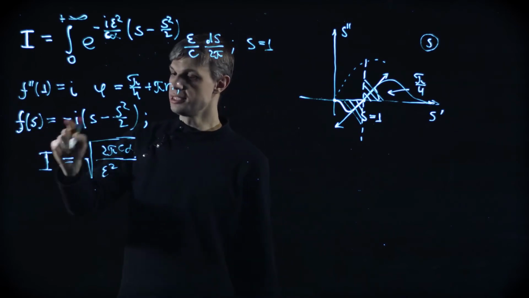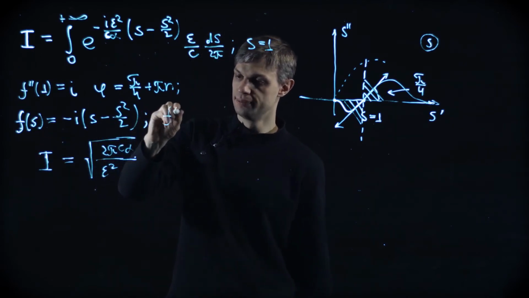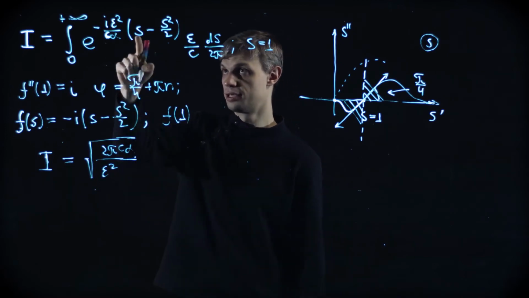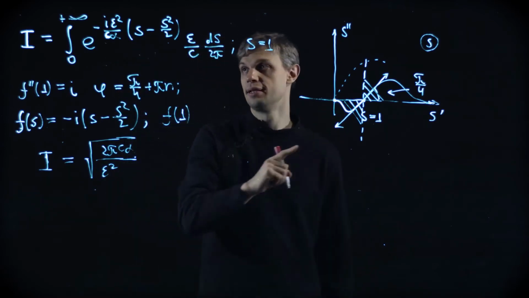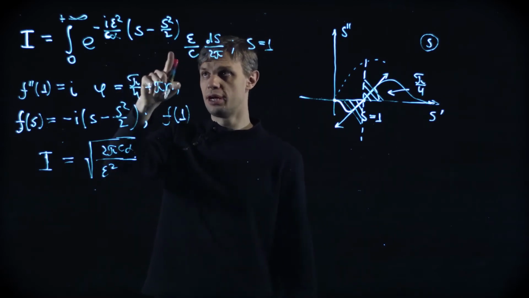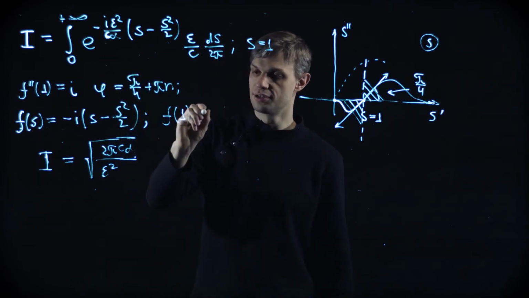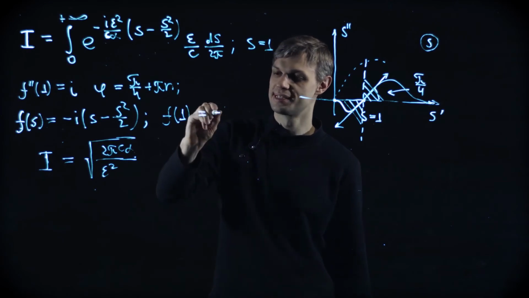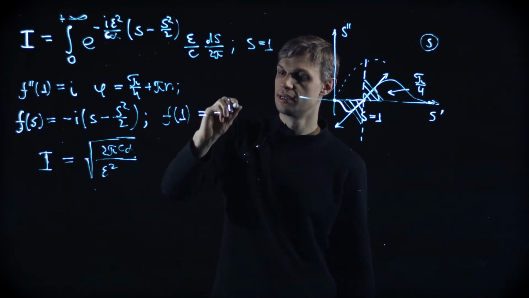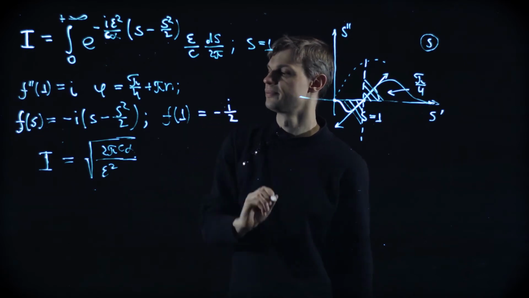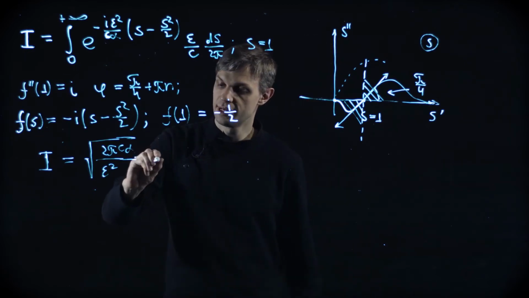By the way, we didn't compute it yet. So f of 1, the value of our f function at the saddle, is equal to, okay, it's 1 minus 1/2. It's 1/2 up to this negative i factor. So actually it's minus i by 2. Yeah, like that. And here is our answer.